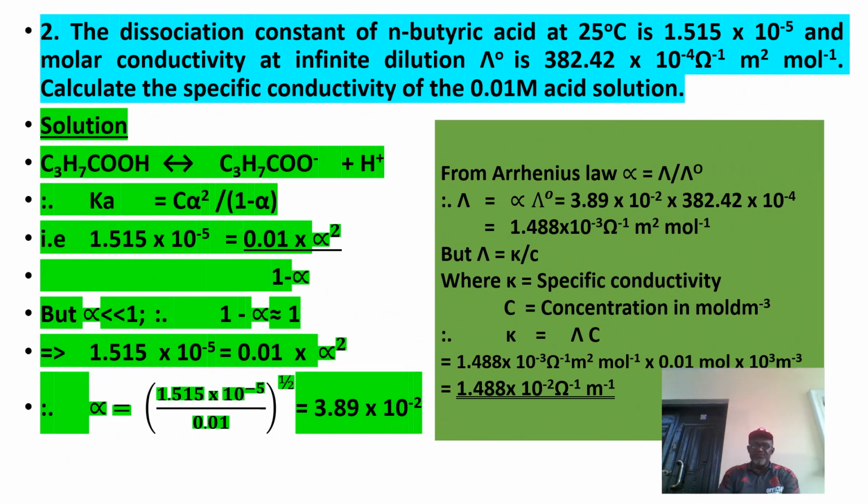Another example: the dissociation constant of n-butyric acid is given, molar conductivity at infinite dilution is given, and then we're told to calculate the specific conductivity. Of course, we follow all the equations we have seen: from Ka, we're able to calculate the value of alpha, then we find the molar conductivity, and then we can get the specific conductivity.